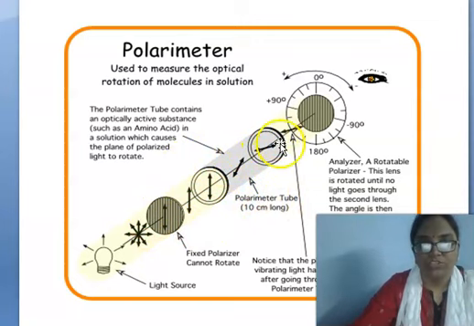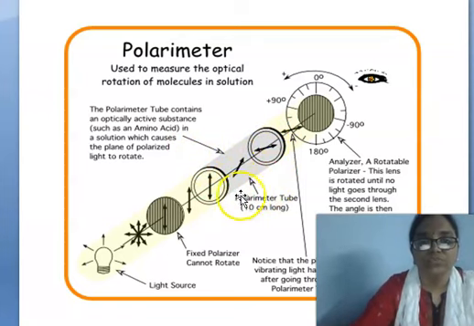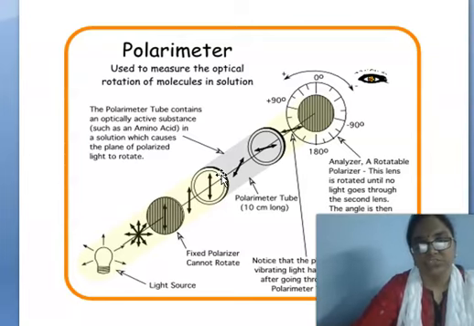this polarimeter tube, which contains an optically active substance, this substance has the tendency of rotating the plane polarized light. It may rotate it either to the right or to the left.